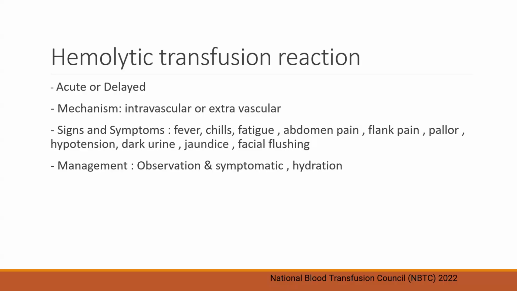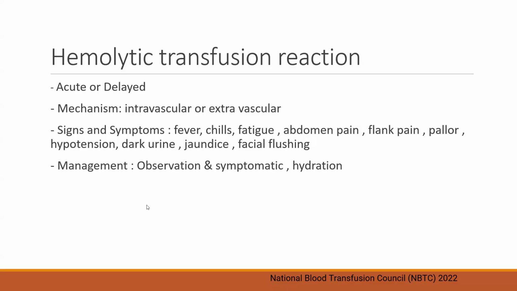In extravascular hemolysis, donor RBCs interact with the phagocytes in extravascular organs like the liver and spleen, resulting in activation of phagocytes causing destruction of RBCs.